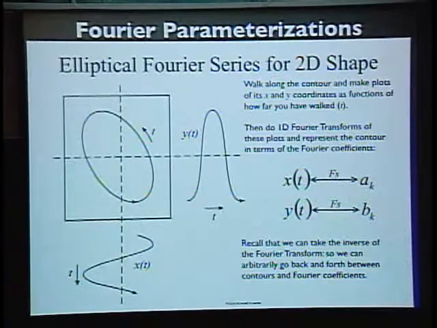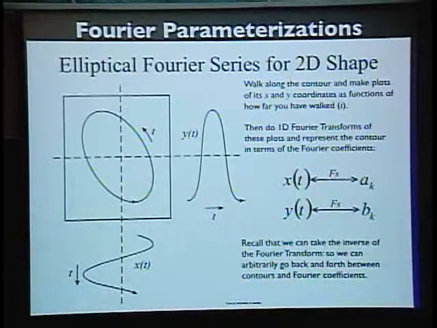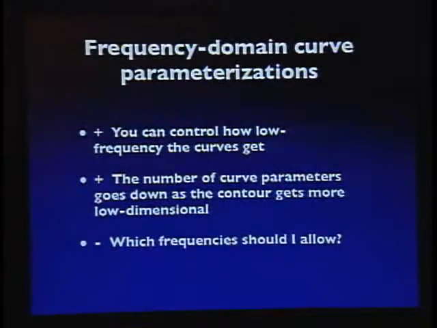So you might be asking yourselves, why on earth would I bother taking my two-dimensional contour and converting it into two one-dimensional functions, which I then take the Fourier transform of? Well, the reason is that, just like with image smoothing, you can reduce high-frequency components of the Fourier transform, go back into the spatial domain, and you end up with a low spatial frequency thing.